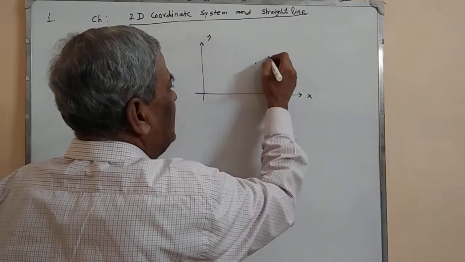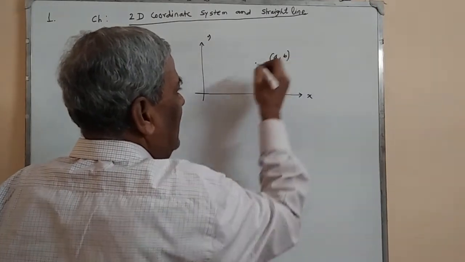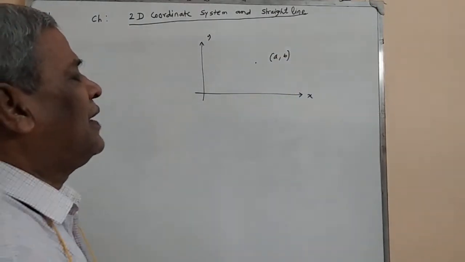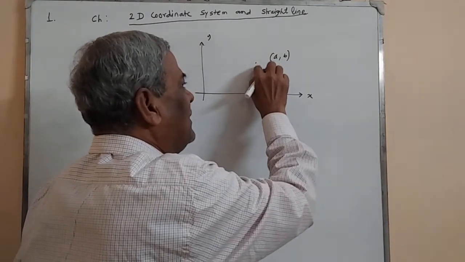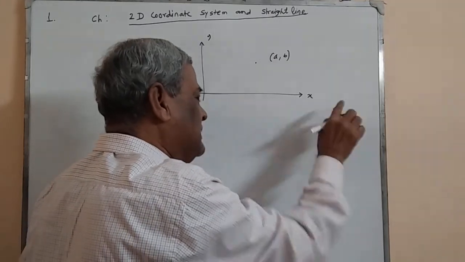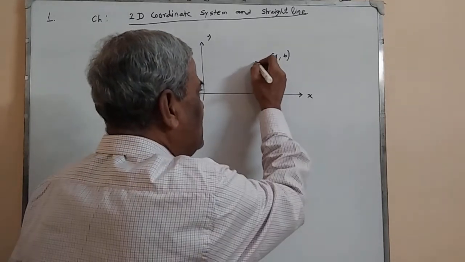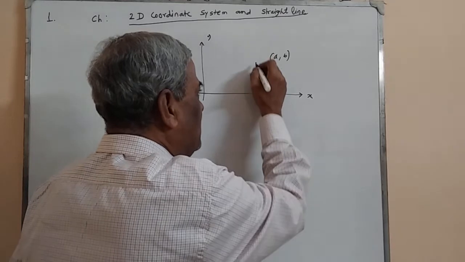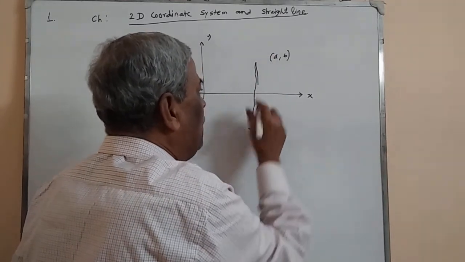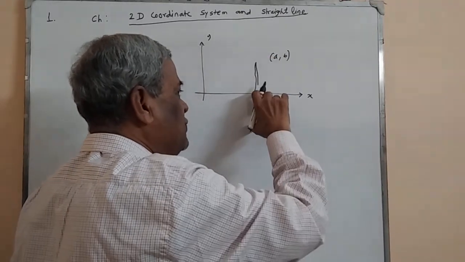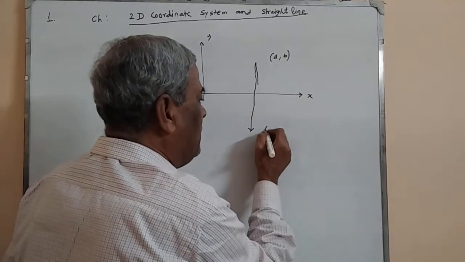Suppose this point is a comma b. So the image point of that with respect to x-axis, we can calculate it: draw a perpendicular on the x-axis, extend up to a point such that this distance is equal to that distance. Let it be alpha beta.